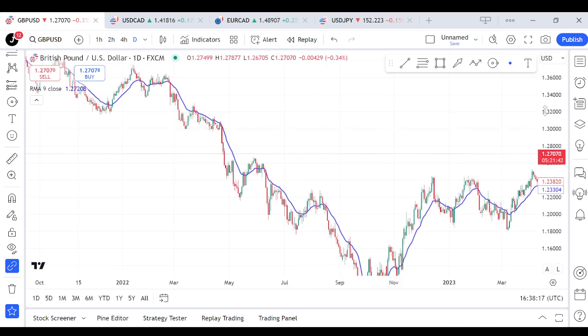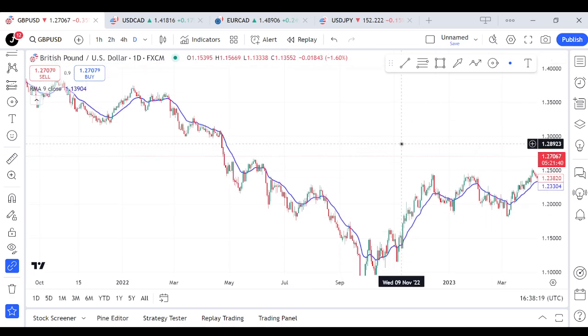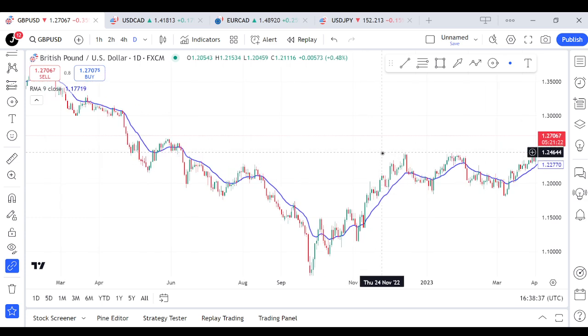One key advantage of the rolling moving average is its ability to reduce lag, which is a common issue with traditional moving averages. This reduced lag can be crucial in forex trading, where even small delays in identifying trend changes can significantly impact profitability.